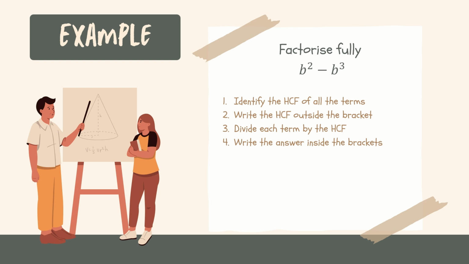And then minus b cubed divided by b squared is equal to b. So the HCF we put outside the bracket, and the divided terms we put inside the brackets. So if we factorize b squared minus b cubed, we've got b squared, and 1 minus b.